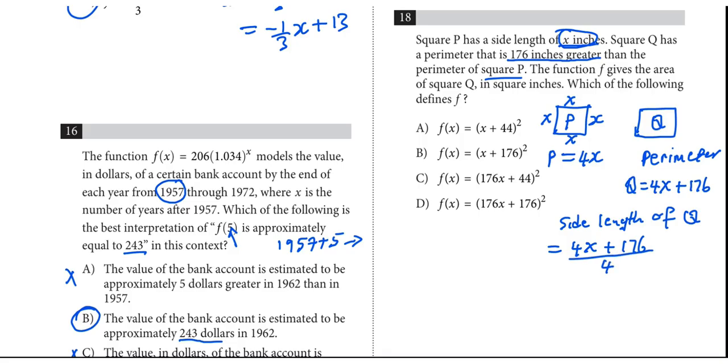So if we divide 4x by 4, that is going to give us x. Also, if you divide 176 by 4, it's going to give us 44.